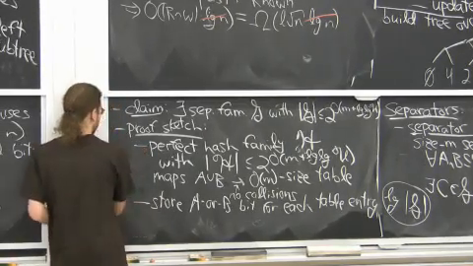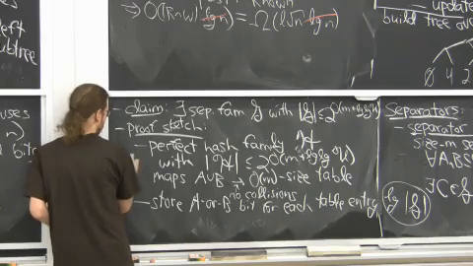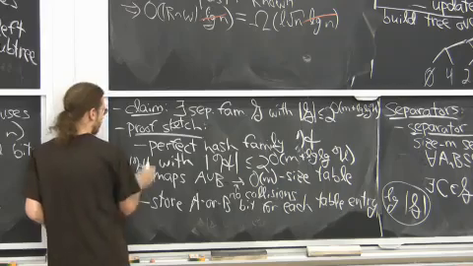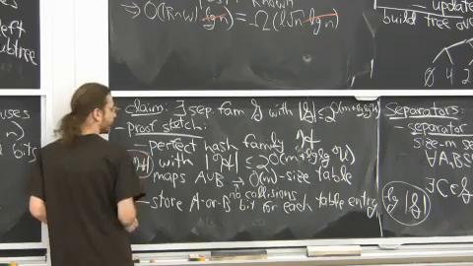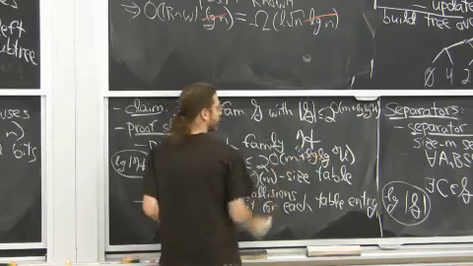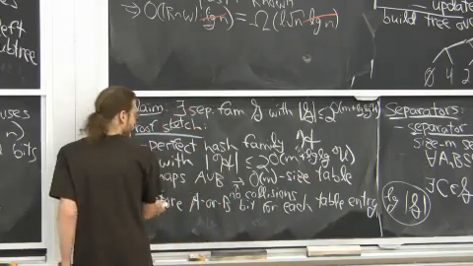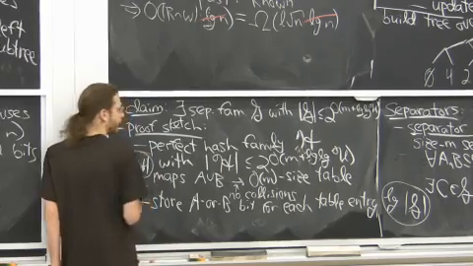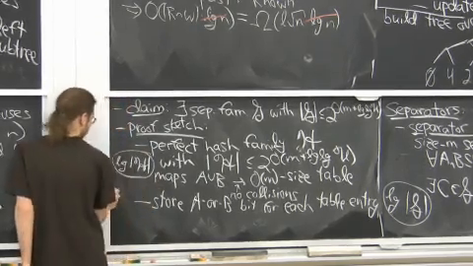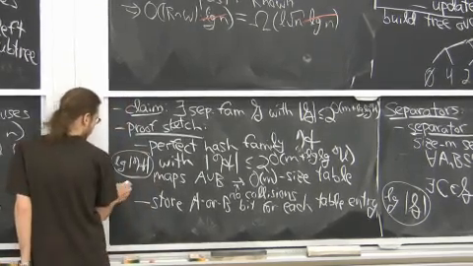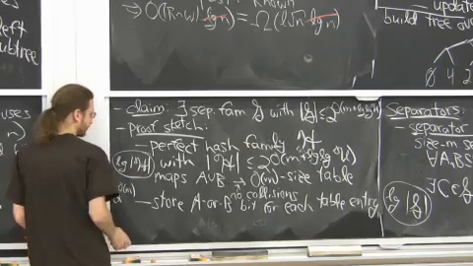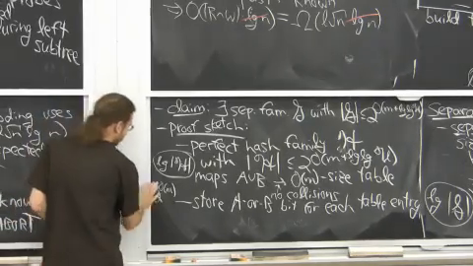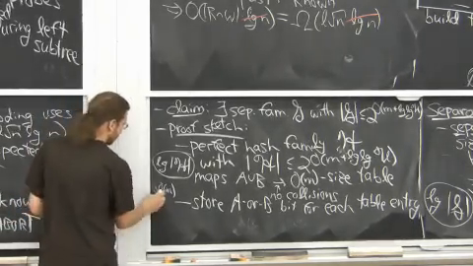That's going to cost log h bits for this part. And log of h is just m plus log u. And then we're going to store this A or B bit for every table entry. The number of table entries is order m. So this is going to take 2 to the order m bits. Or sorry, in terms of bits, it's order m bits, I should say.